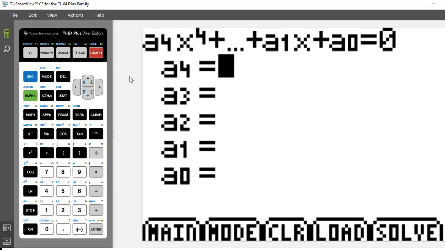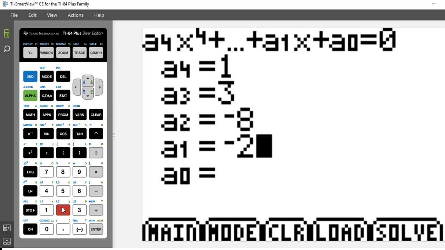You will put in, this is a 1. And A3 will be 3. And A2 will be negative 8. Then you have a negative 2. Then the constant number will be 5.